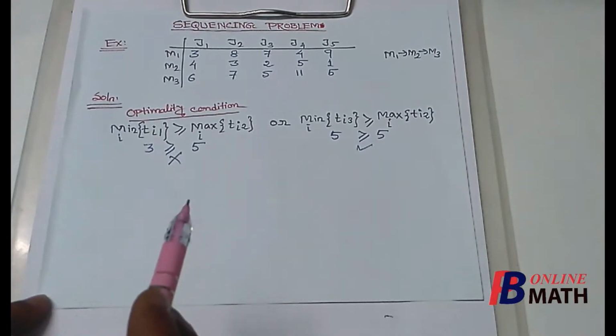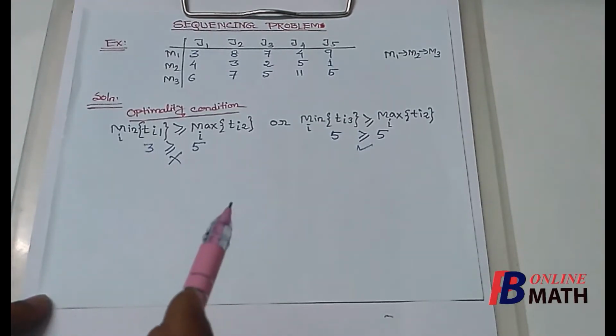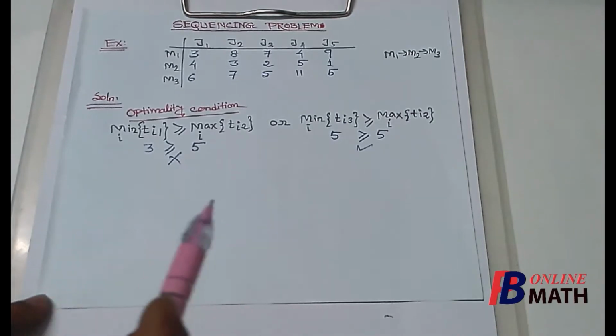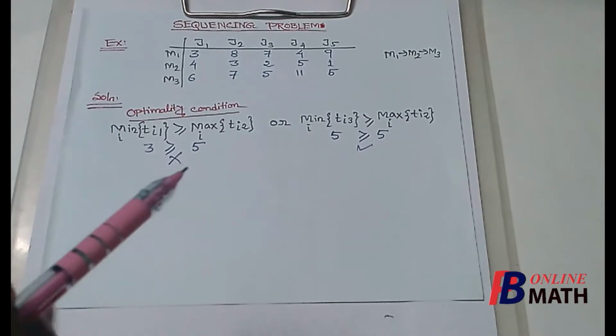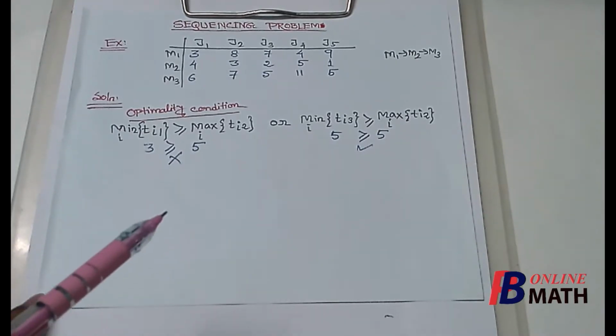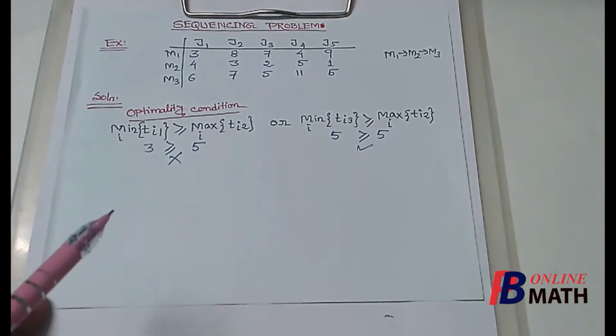Now let us find the optimal sequence of jobs and the total elapsed time. To find the optimal sequence of jobs, we have to convert this problem of 5 jobs on 3 machines to a problem of 5 jobs on 2 machines. For that we have to introduce two fake machines.